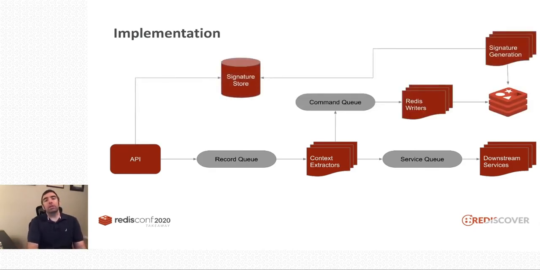Then we can have a routine that comes along every so often and pulls out all the HyperLogLog structures that have recently changed. We generate those signatures and keep them in a signature store. Then you're able to search that signature store for projects that have similar context to the ones you're collecting.